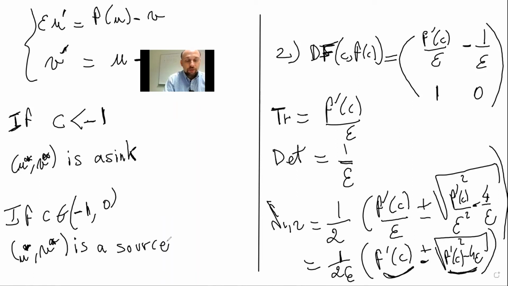Okay, so in the first case, U star V star will be attracting the trajectories, and in the second case, it will be repelling the trajectories.